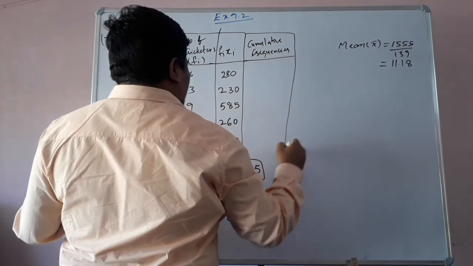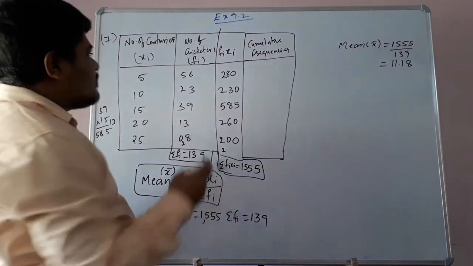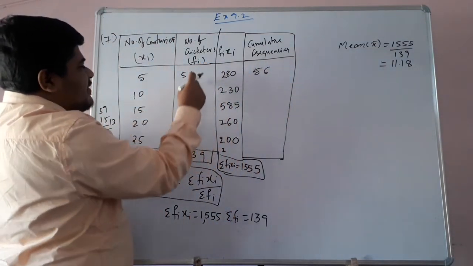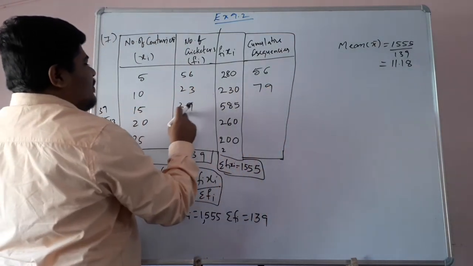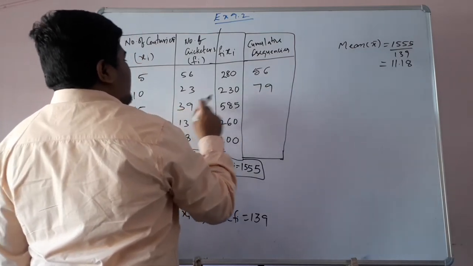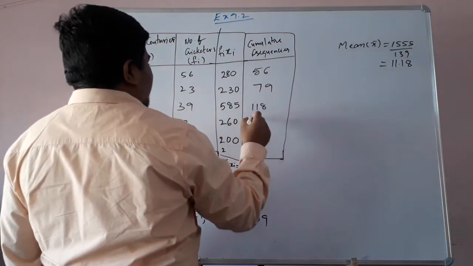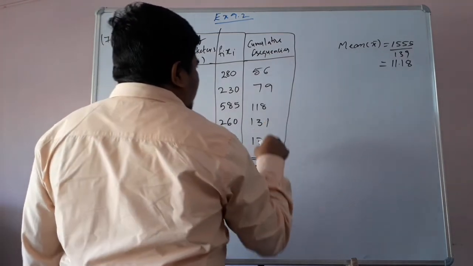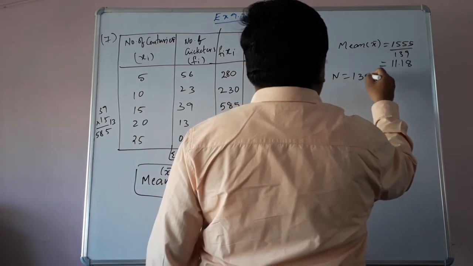Cumulative frequencies means all these frequencies are added one by one: 56, then 56 plus 23 is 79, plus 39 is 118, plus 13 is 131, plus 8 is 139. So the total number of observations n is equal to 139.